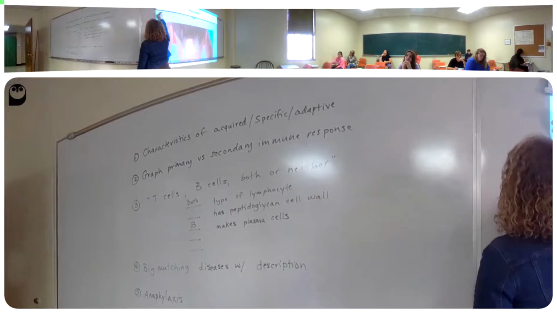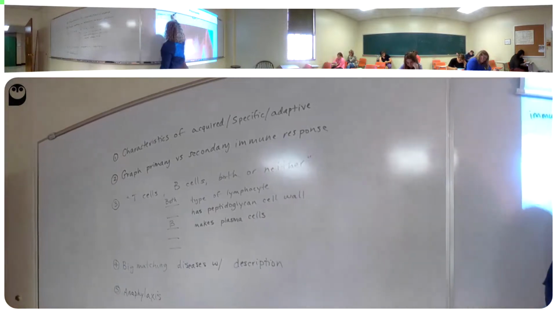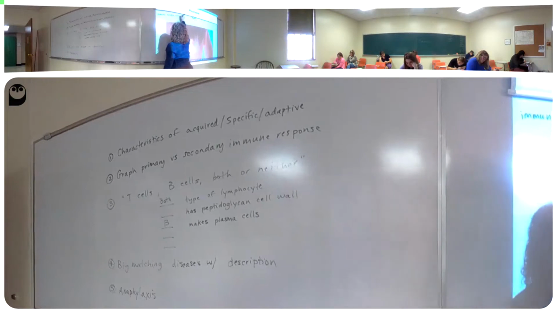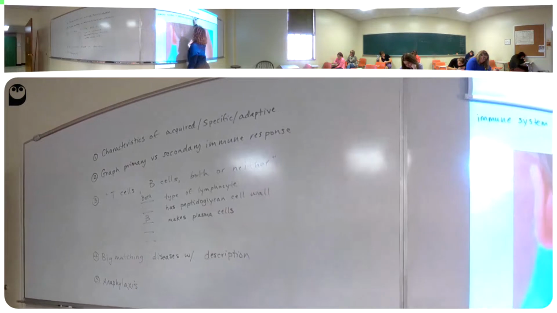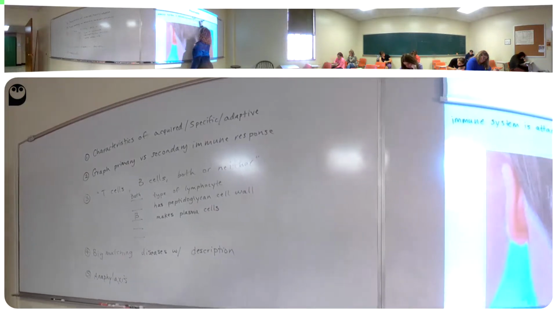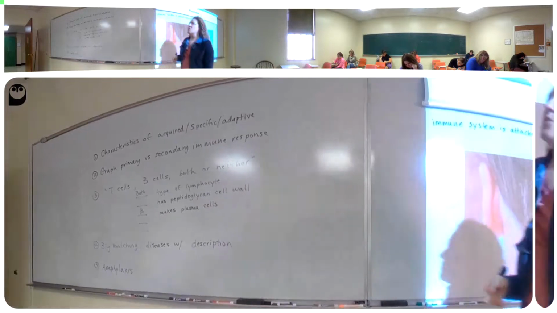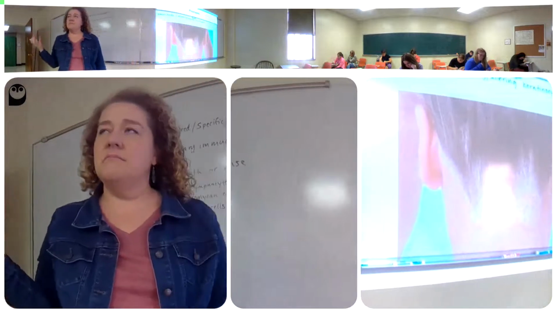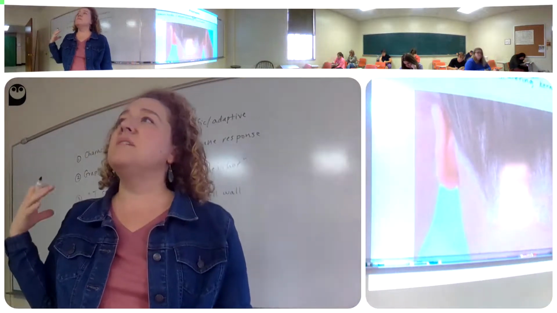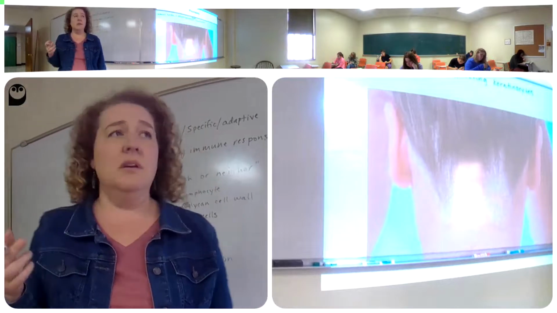the immune system is attacking or altering keratinocytes. And these are basically stem cells of the skin that produce keratin proteins.